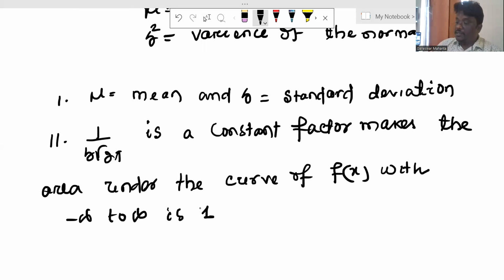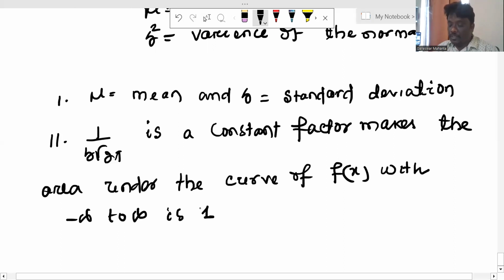This is a specific property of this function. The function f(x) decreases rapidly at x equal to plus or minus infinity.